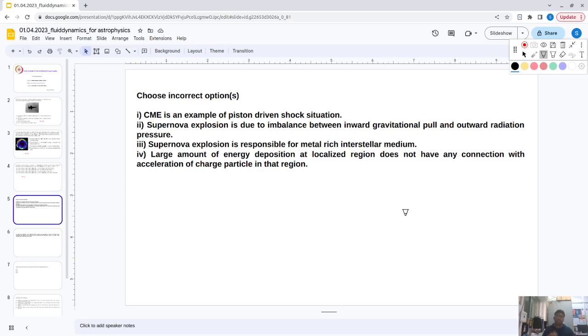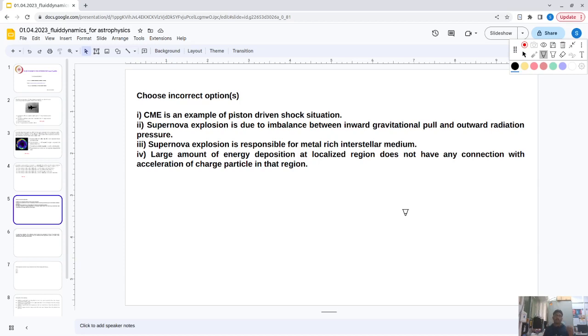Rather it will go to some other places like white dwarf or red giant, right? So supernova explosion is like that. Your outward radiation pressure is not able to withstand the inward gravitational pull. That means it will collapse and the core then explodes, right? That is a supernova explosion, which is due to this imbalance between inward gravitational pull and outward radiation pressure.